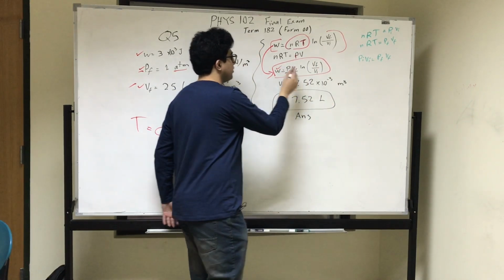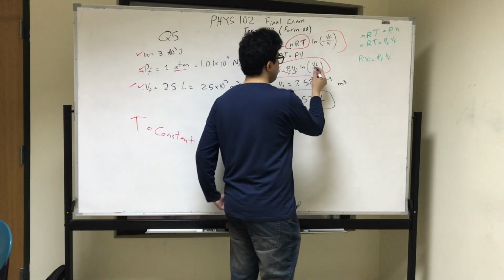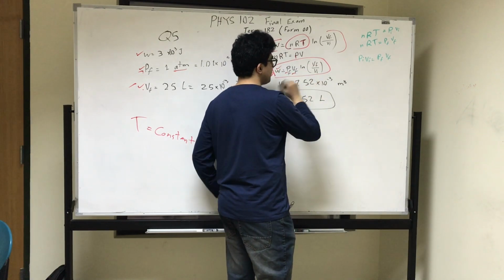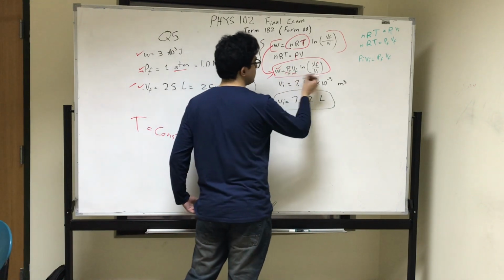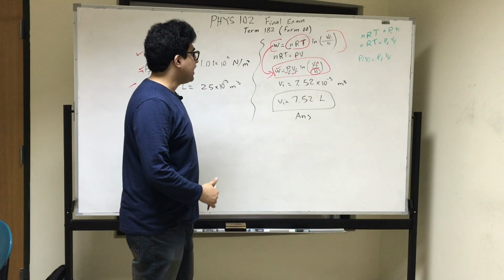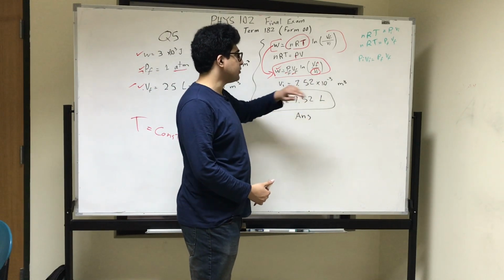We know the final pressure and the final volume. So the only unknown in this equation is the initial volume, and the question is asking us to solve for this value.